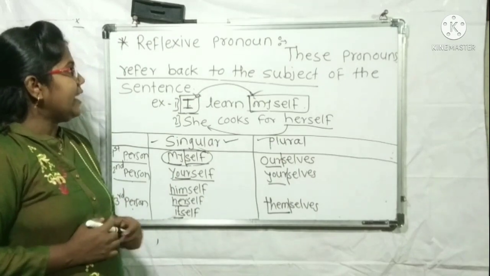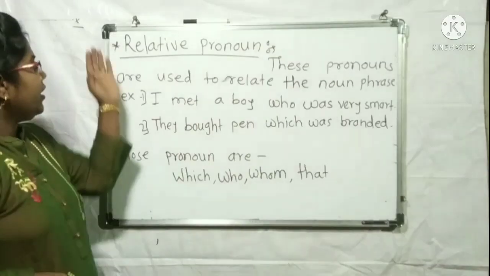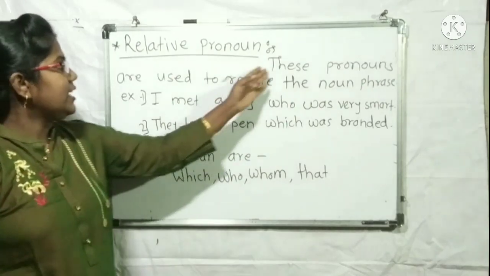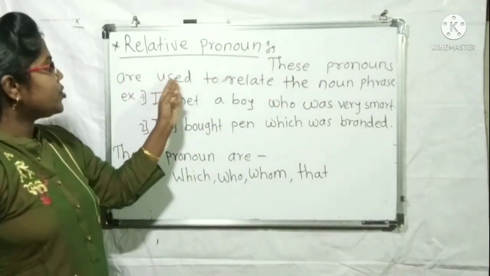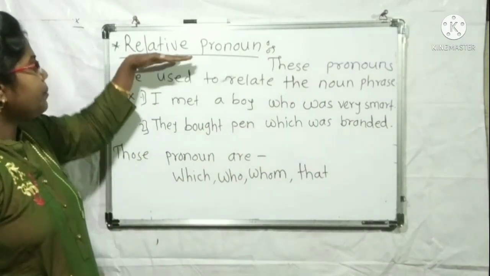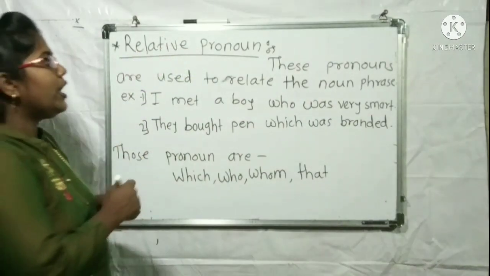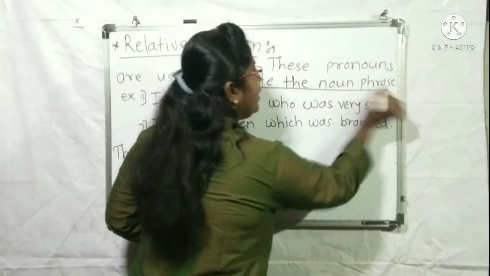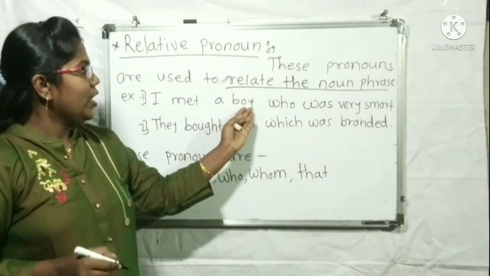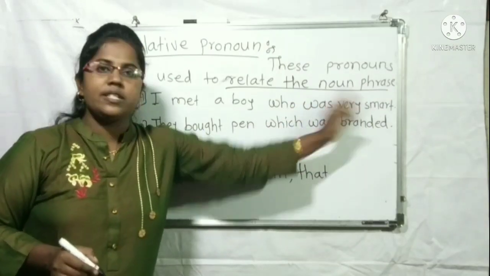Now the next point is the relative pronoun. This is the definition of the relative pronoun: these pronouns are used to relate the noun phrase. Meaning, for what purpose are we using a relative pronoun? To relate the noun phrase. For example, I met a boy who was very smart.